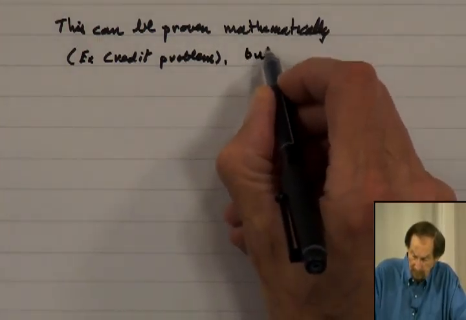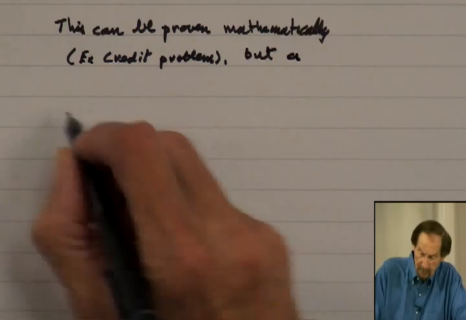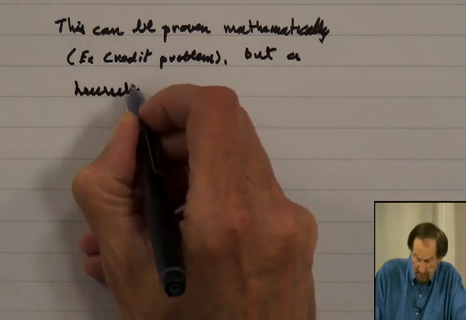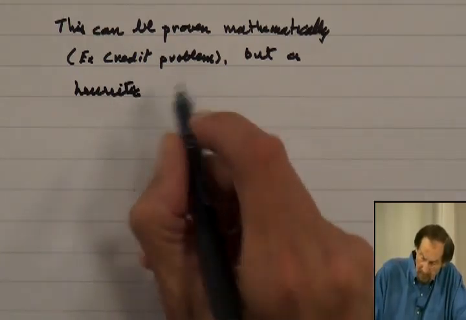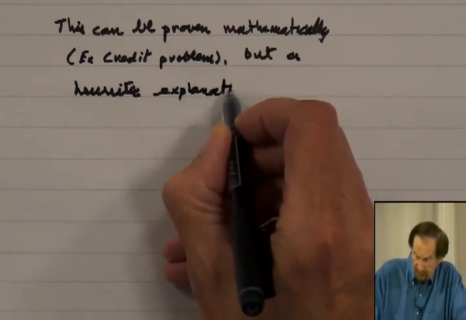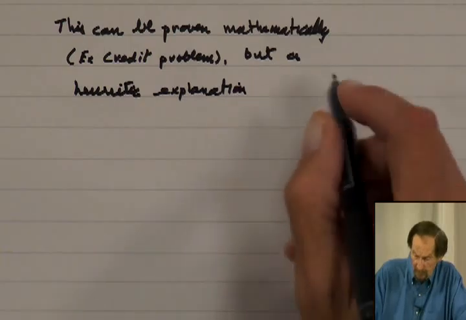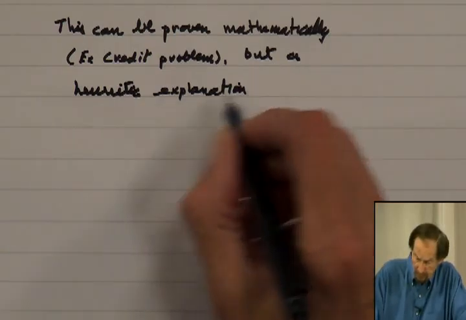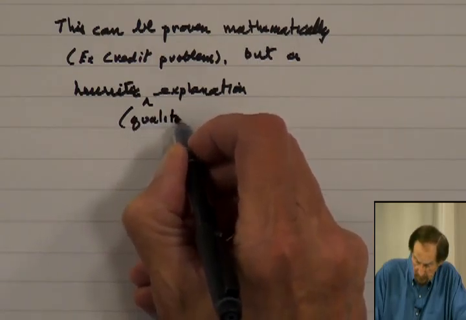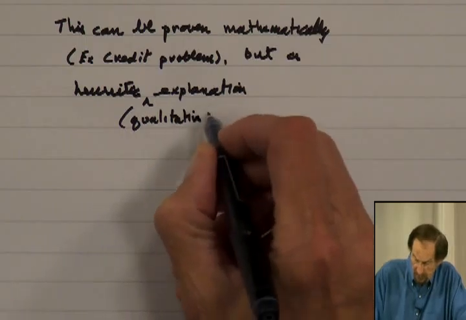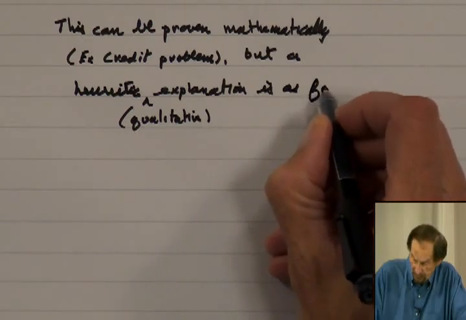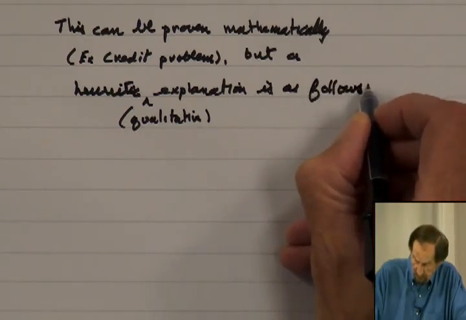But a heuristic explanation, or a qualitative explanation, is as follows.